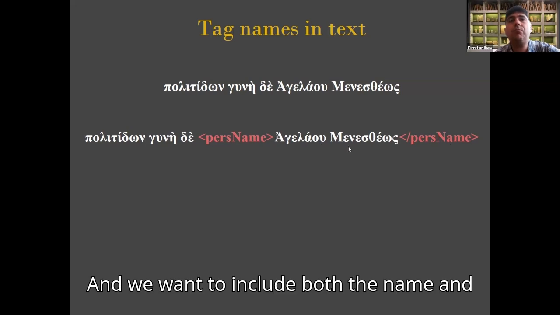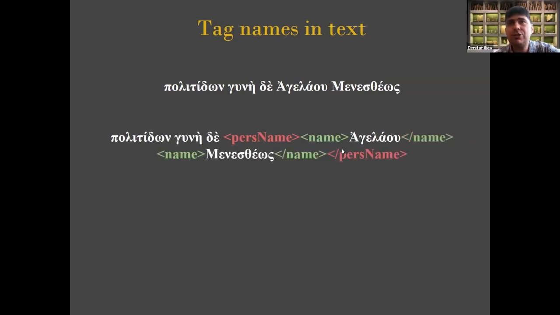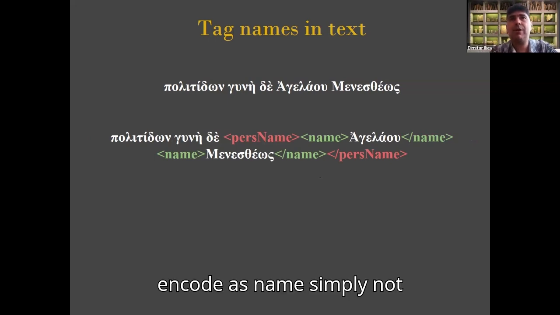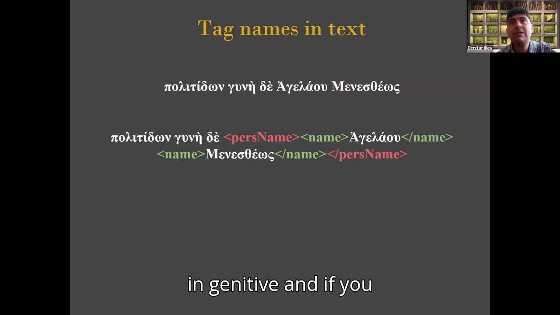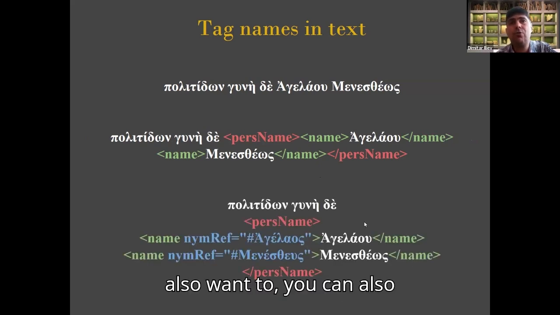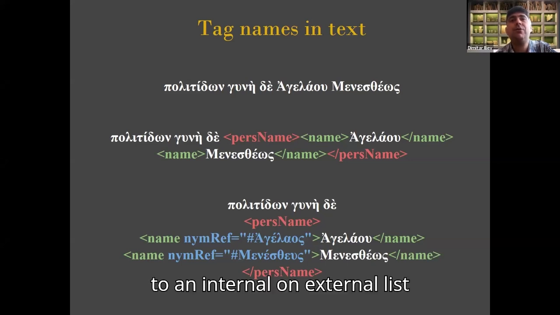And we want to encode both the name and the patronym as one person name. And then, if you wish, you can encode as name simply, not person name, the different elements of this name. So Agelaos is the proper name and Menestheos is the patronym in genitive. And if you also want to, you can also reference these personal names to an internal or external list.